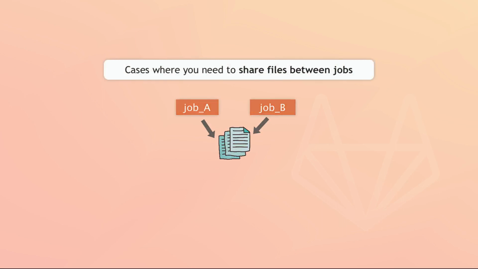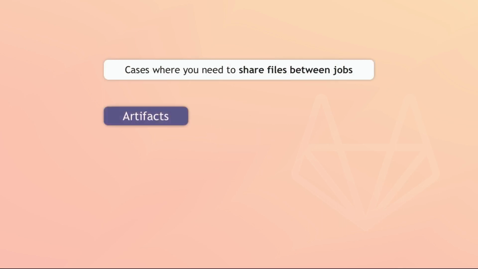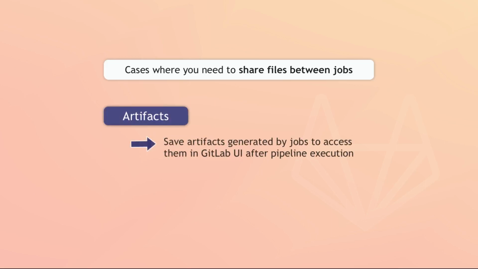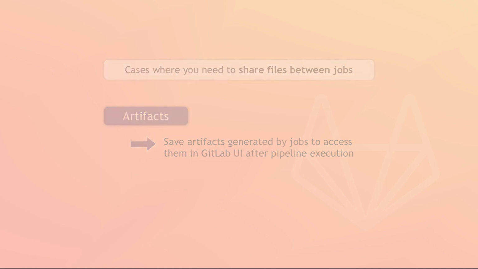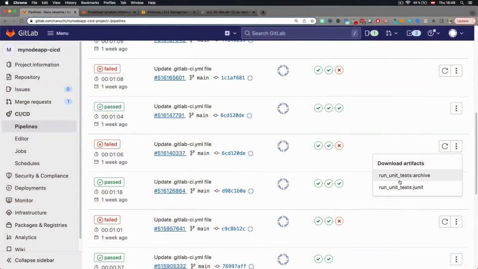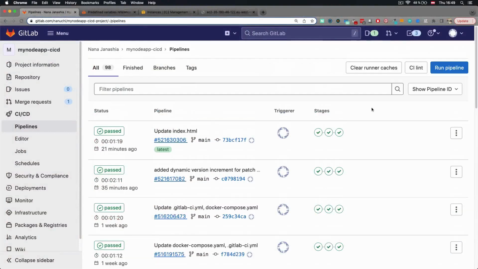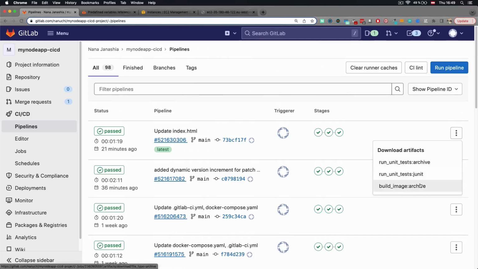Early in the course, we learned about the concept of artifacts, which we used for 2 things. One, to save files generated by a job to make it available after the pipeline has completed. So you can download them from the GitLab UI, like test reports. This could also be security scan reports, code analysis reports, etc. So every such job can basically generate its own reports, and you can then download all of them right here.